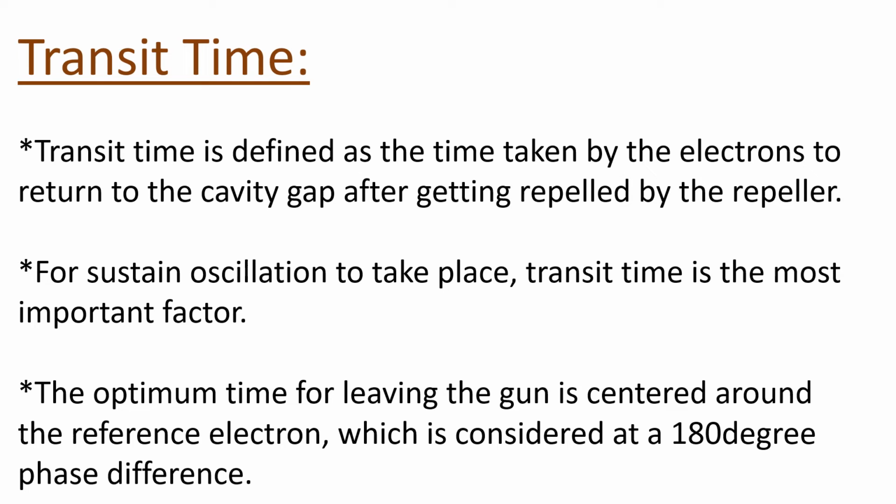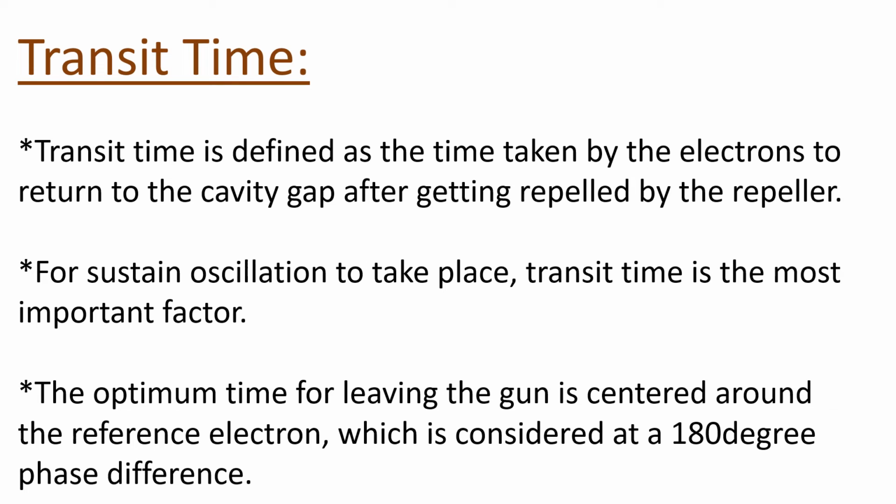For sustained oscillation to take place, transit time is the most important factor. Here the optimum time for leaving the gun is centered around the reference electron, which is considered at a 180-degree phase shift difference from the sinusoidal applied potential across the gap.